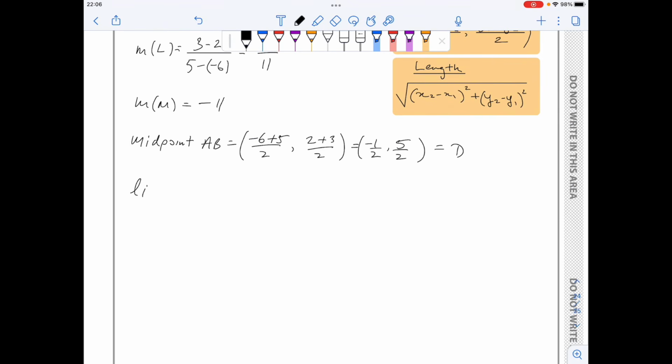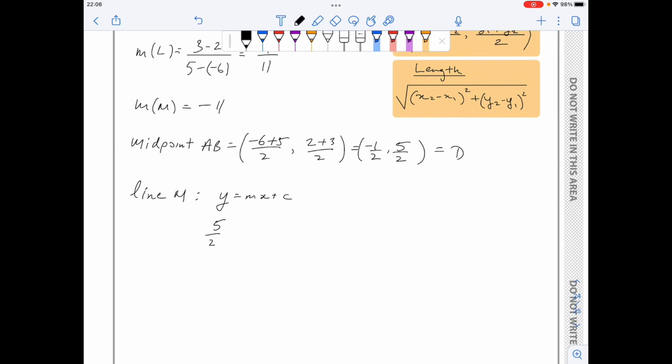So the line M can be found by using y equals mx plus c. 5 over 2 equals minus 11 times minus 1 over 2 plus c. So c comes out to be minus 3.